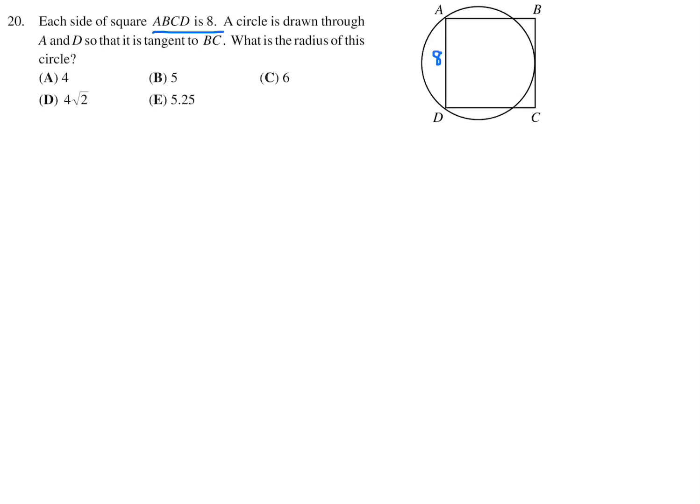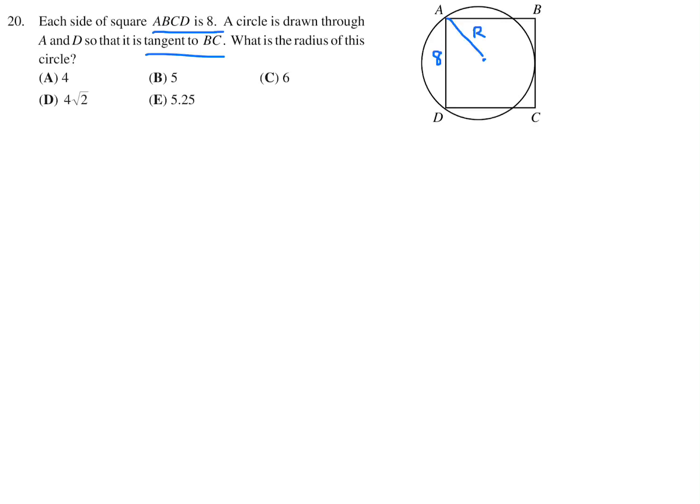And the circle is drawn through AD, so right here this is A and this is D. And it's tangent to BC. So that means right here, it just touches the circle. The square and the circle meet at just one point. So they want us to figure out the radius of this circle. So if this is, say, the center of the circle, they want this value, the radius.